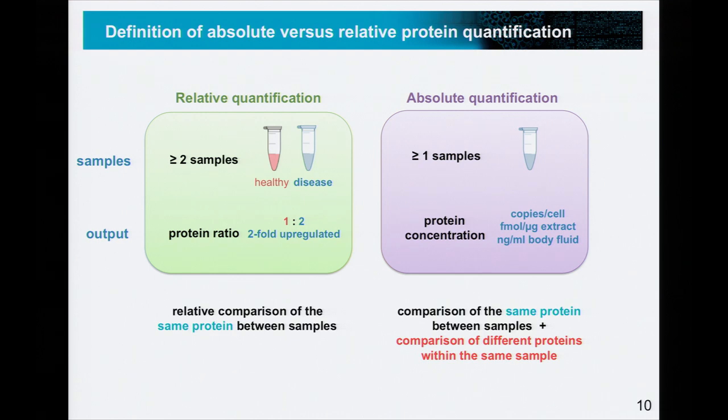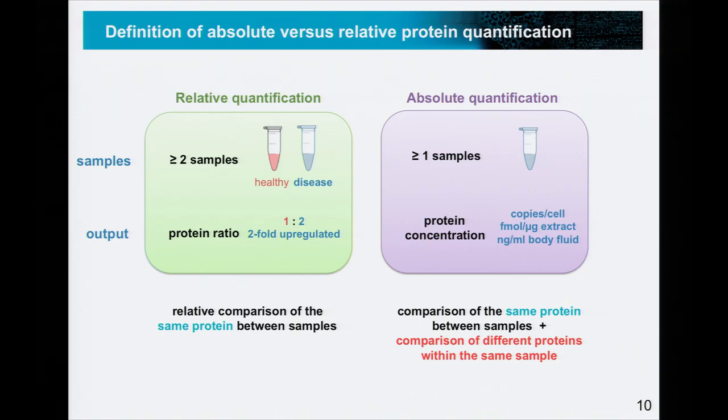And with absolute data, you can do the same. You can also compare the absolute concentration of the same protein between samples, but you can do one more additional thing. You can also compare the concentration of different proteins within the same sample.